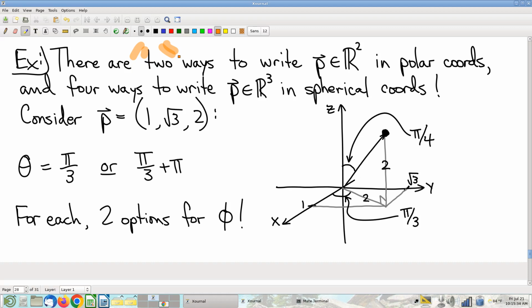Those are your two options. So there's one angle in polar coordinates and two ways to be, exactly right or exactly wrong in some sense. Well, there's two angles in spherical coordinates, which means that there's 4 ways to write a point in spherical coordinates.